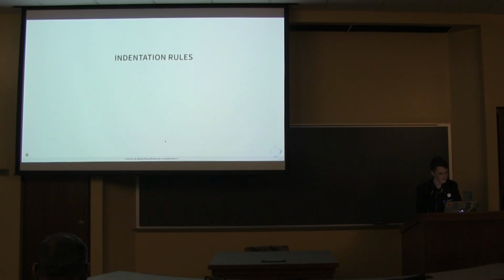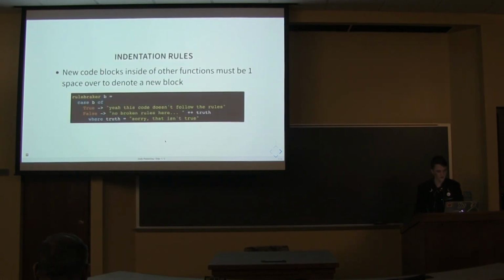And then the next one is, if you're making a new code block, you need to denote that by having that block at least one space over. And most people are using at least 2 spaces for readability, which is what I'm doing here. And so you can see here that true is indented 2 spaces over from case of. And generally you'll know you're making a new block because you'll be using a control structure of some sort.